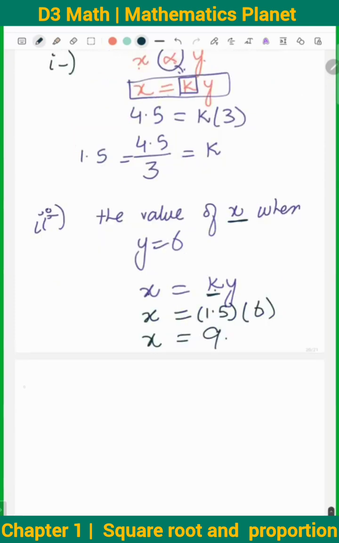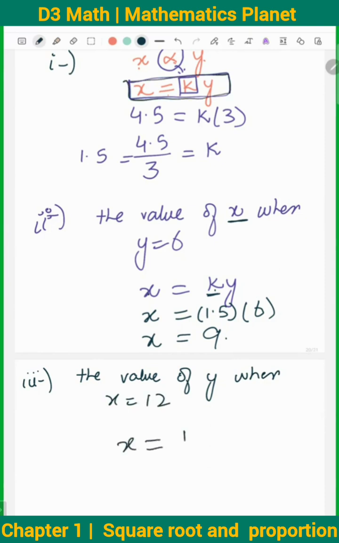Okay. Third part. Find the value of y when x is equal to 12. Again, you're going to take the same equation, x is equal to ky.